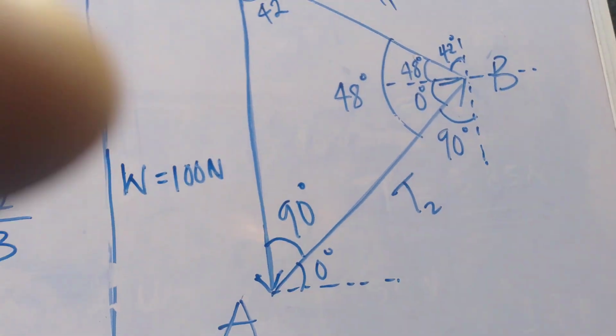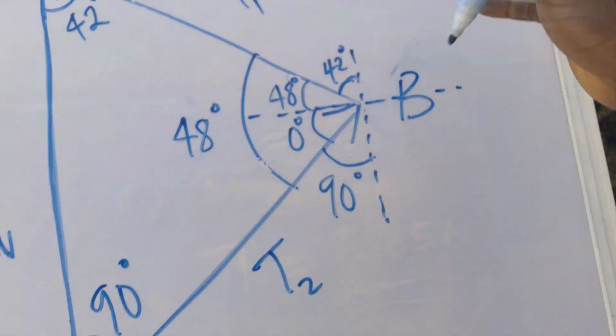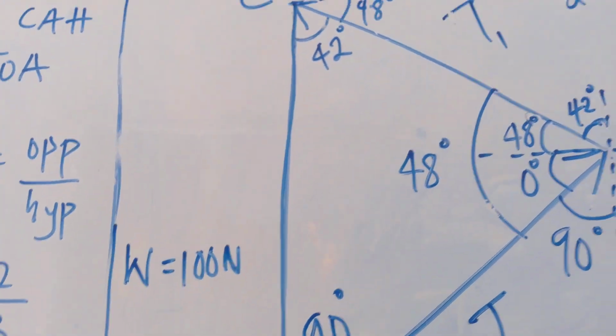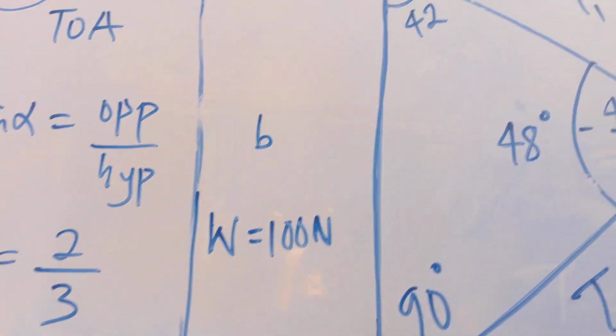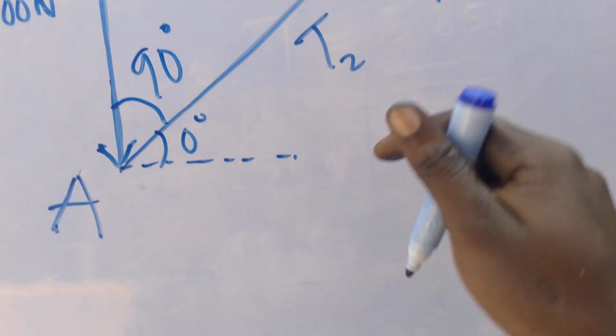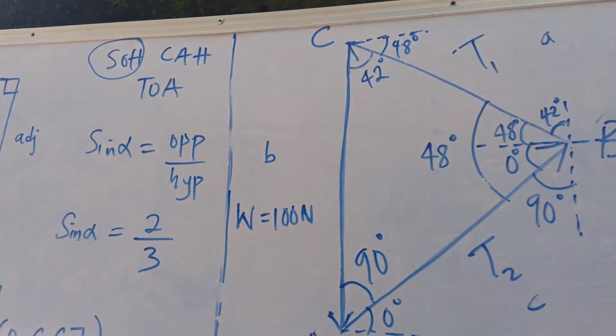Alright, so quickly we use sine rule. If here is capital A, the side facing it will be small a, and if here is capital B, the side facing it is small b. Capital C, the side facing it will be small c. Alright, so quickly let's do that.